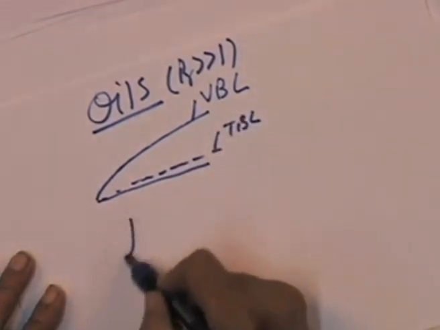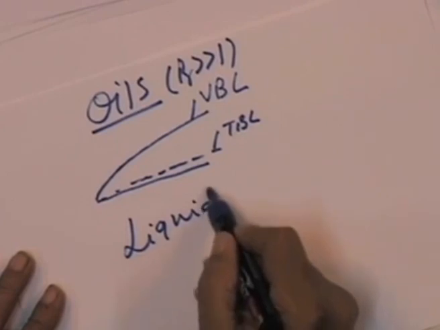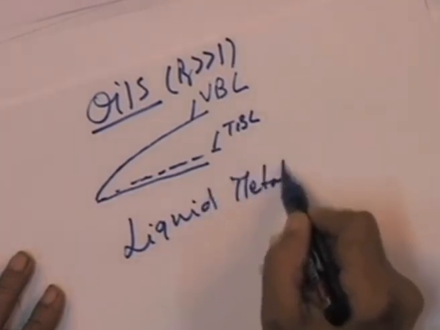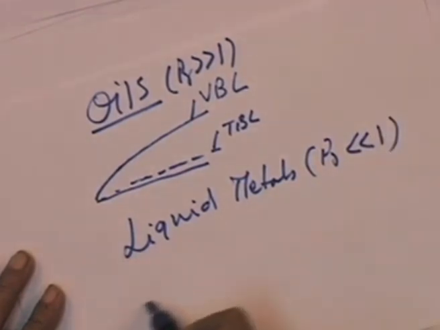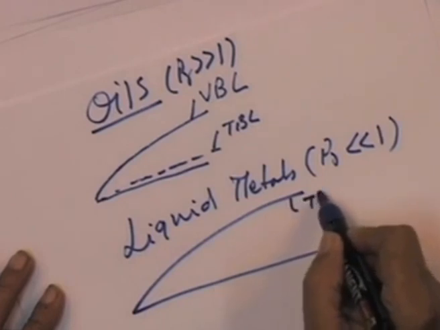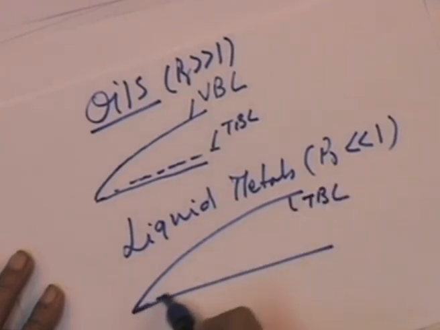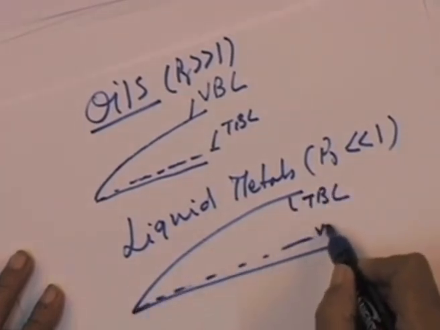On the other hand, for liquid metals, when Prandtl number is very much less than 1, then you will get this with the temperature boundary layer, and the velocity boundary layer will be this.